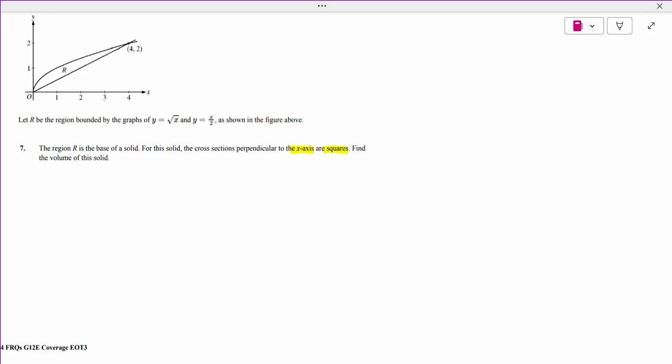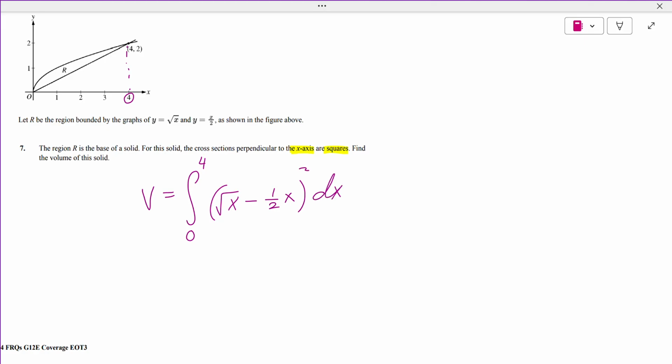So we are going to integrate from 0 all the way to 4, up to this number here. The upper function will be root of x minus the lower function, 1 over 2x, or x over 2, it's the same, right? So this is all squared dx.